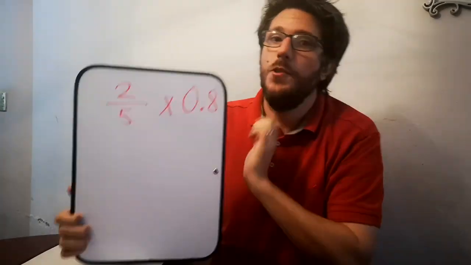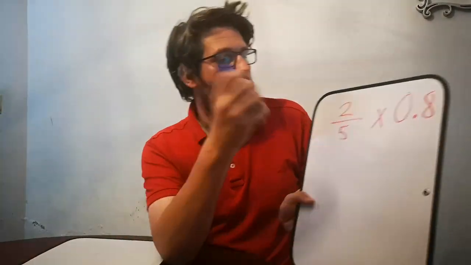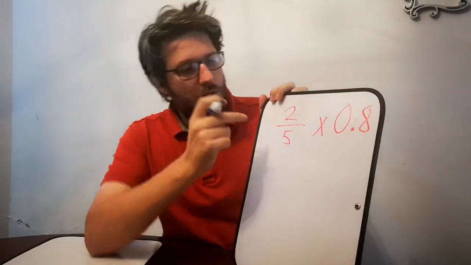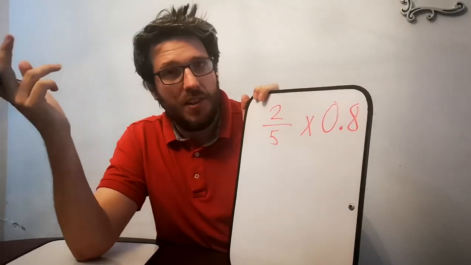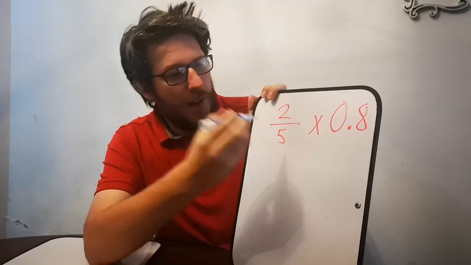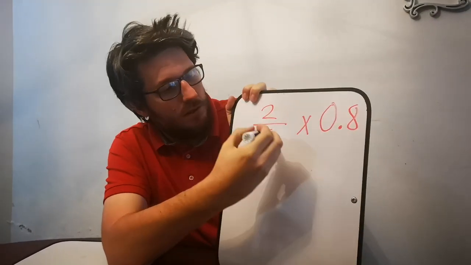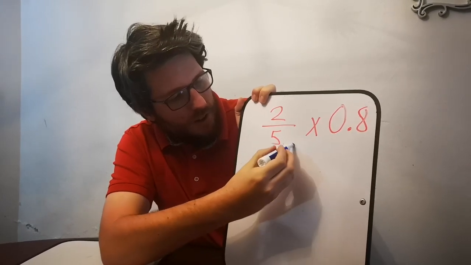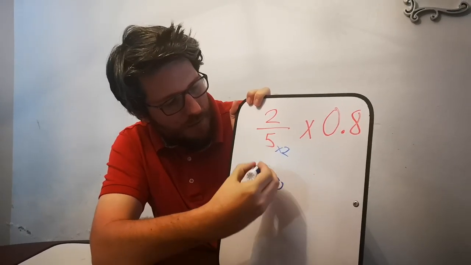So let's do it first by turning this fraction into a decimal. So here, 2/5. I have to turn this into a decimal. There's two ways I can do it. One is I can multiply 5 times 2 to give me 10.